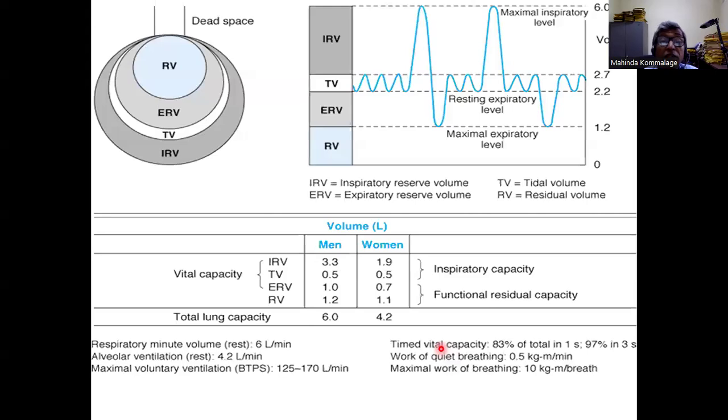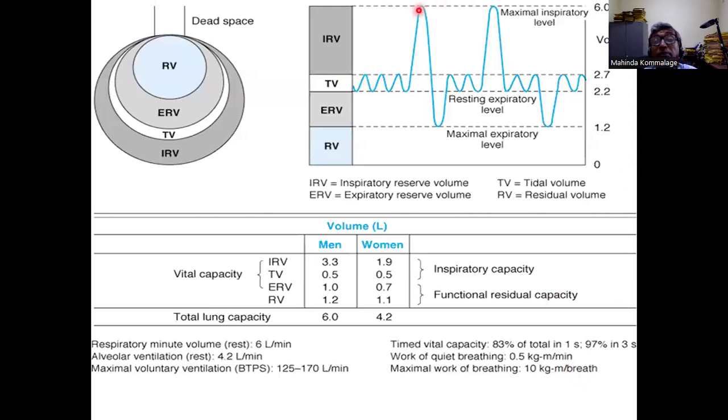In this diagram, it's easy to explain if we see this as a respiratory cycle, and this axis is volume, and this is the time. For each cycle this volume we take in, and this volume we take out. Some amount of air we take with quiet breathing. I mean, at rest, like you and me now, some volume we take in and the same volume we take out. So that is the tidal volume, right?